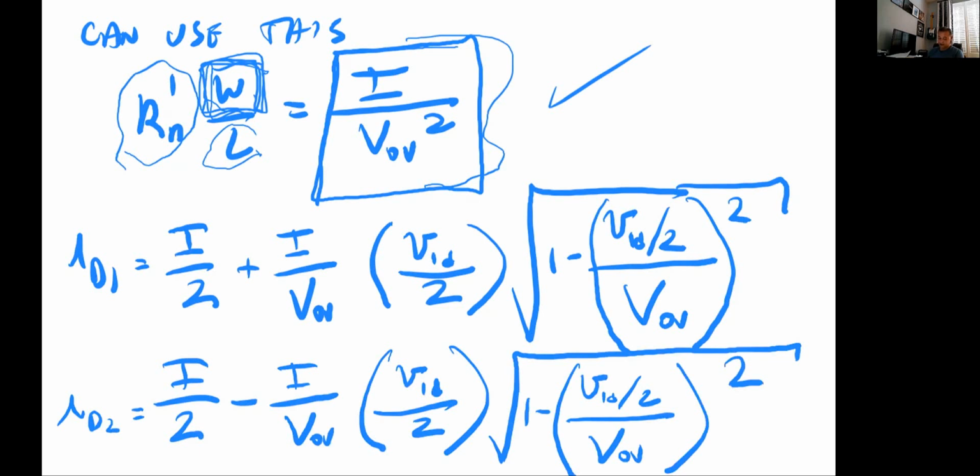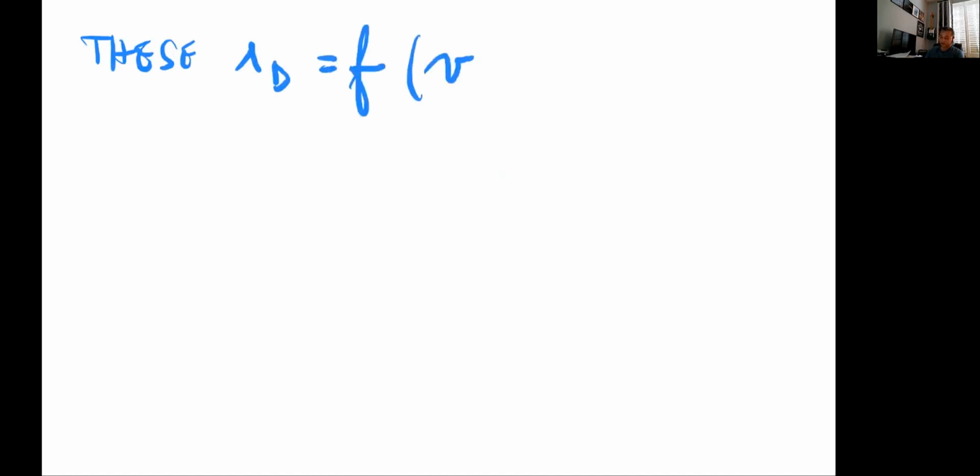And the nice thing about this is that these IDs, drain currents, let me clear this. So the nice thing about those equations is that they are functions of the input, the differential input voltage.